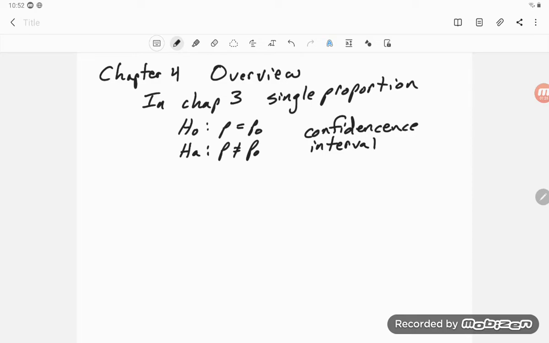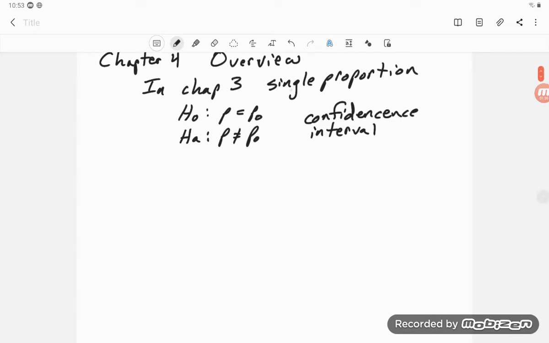Okay, now in this chapter, by comparison, I kept mentioning in chapter 3 when we talked about a proportion, it's really an average. So in chapter 4, instead of a single proportion, we're going to look at a single mean.